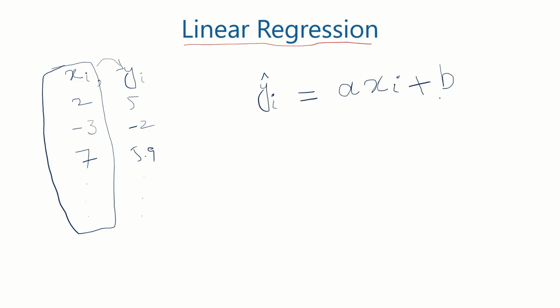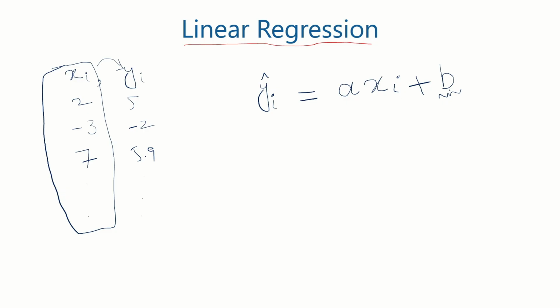If we do not allow this b as a parameter, then we restrict our model to always pass through the origin in the feature space and not go away from the origin, which in some cases may be harmful.